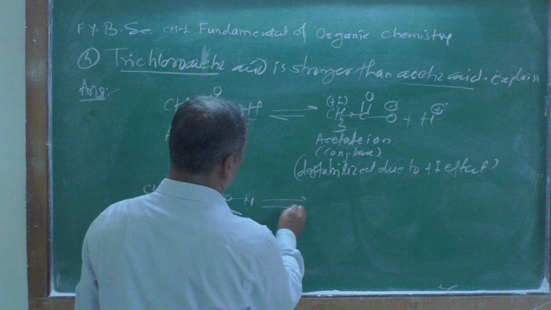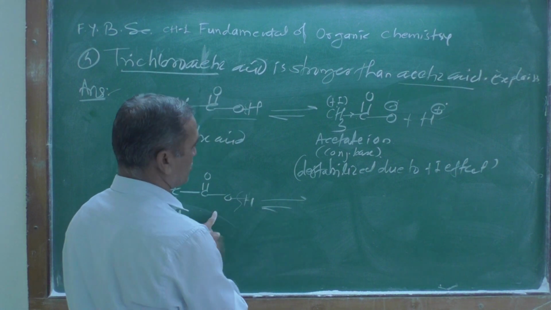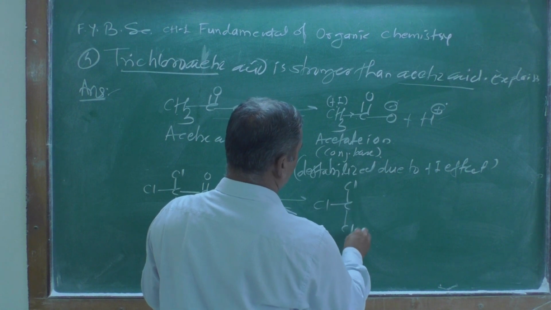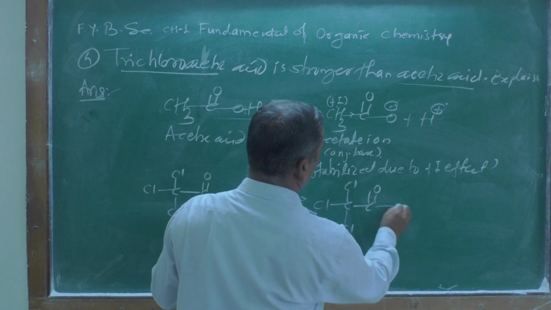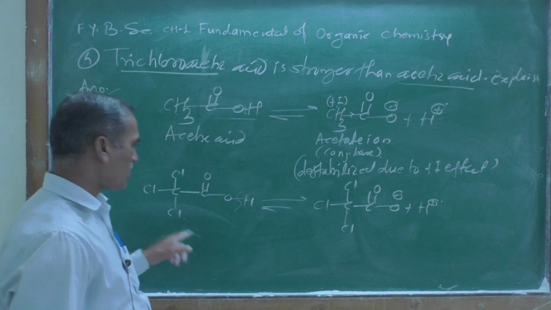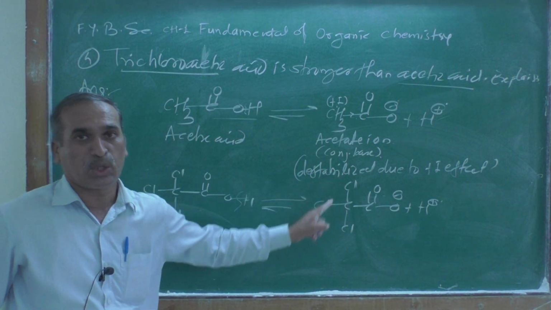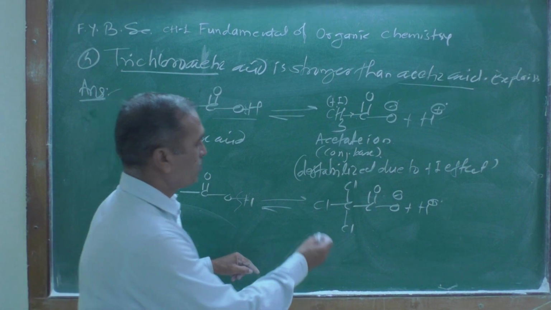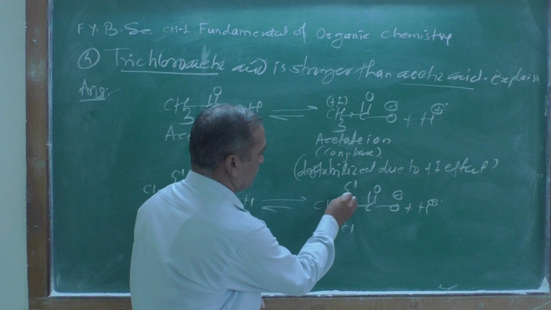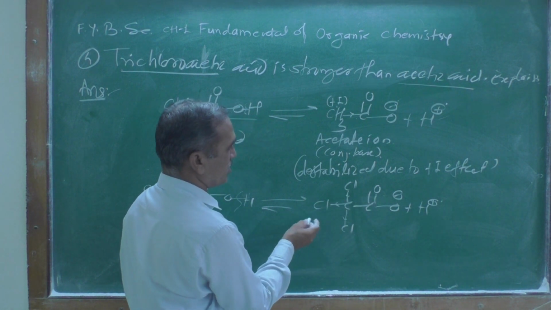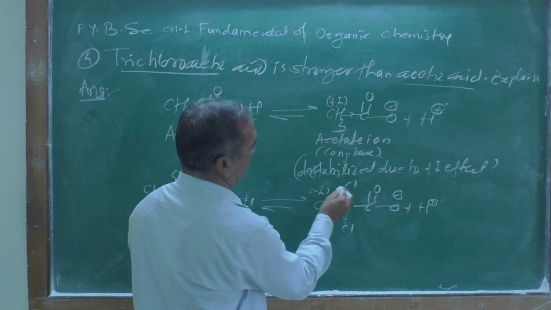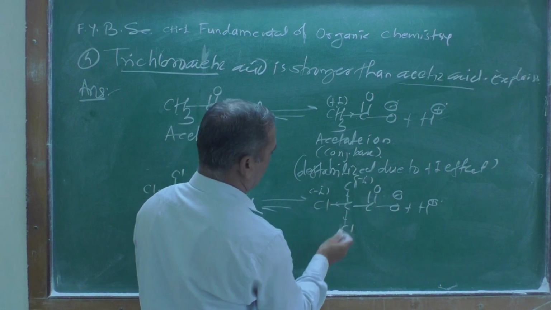Now after the dissociation, what will happen? This bond is going to cleave here, and you are going to get here Cl, then C double bond O, O minus, and the H plus, right? Now look, there are 3 chlorine atoms here. Chlorine atoms are electron withdrawing groups. They withdraw the electron from this carbon atom, and therefore they exert minus I inductive effect.